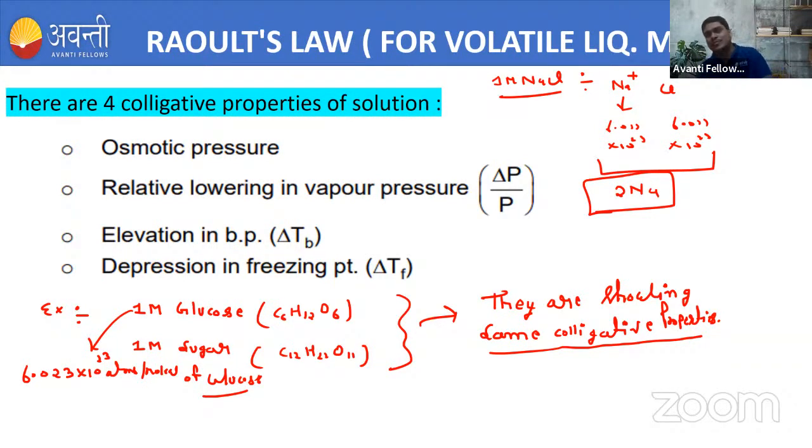You simply say 1 molar NaCl, because it has twice the number of atoms, molecules or ions as compared to glucose and sugar, and due to this only they show this, right? So this is the reason behind this.